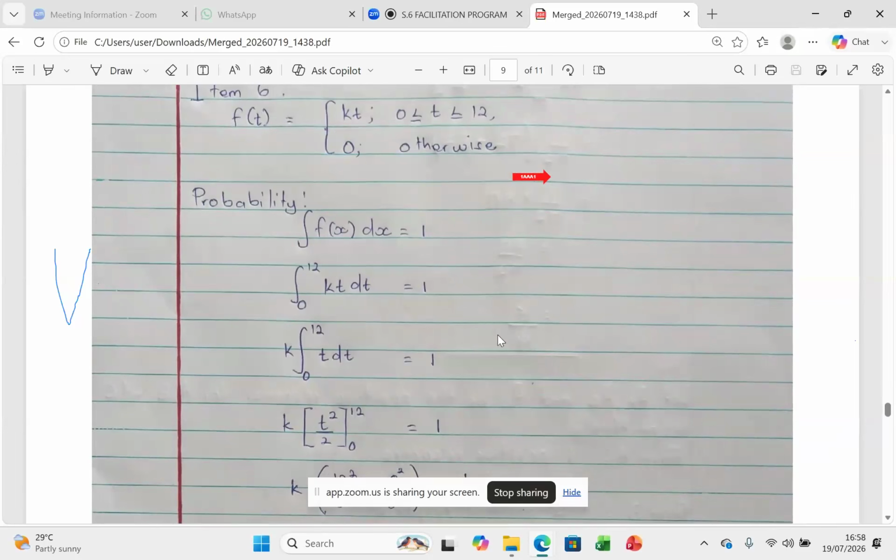Okay, these are continuous random variables, not so? So the total probability is equal to 1.